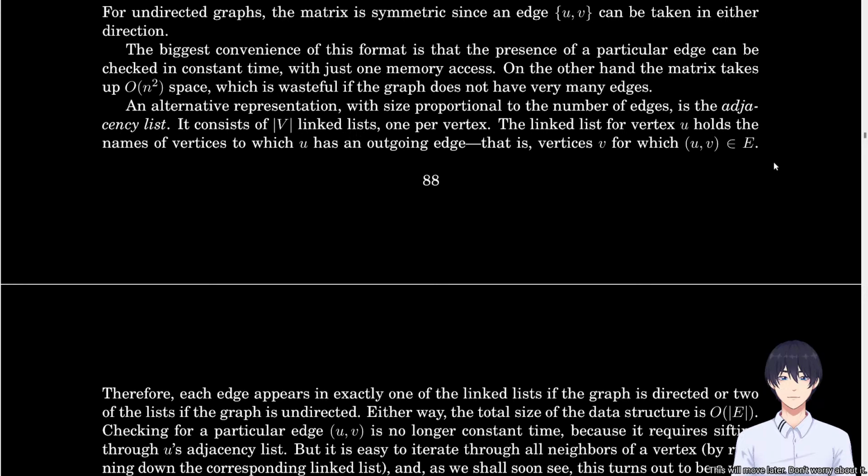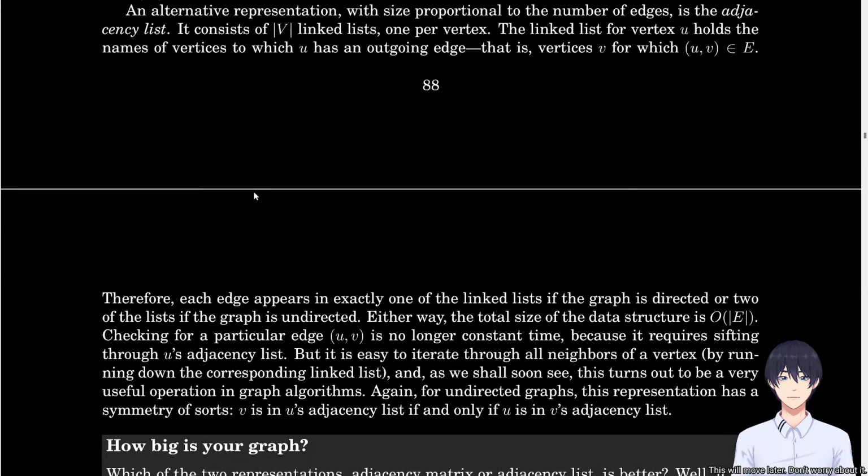Okay, so it's a bunch of linked lists, and each item in a linked list is the outgoing vertices, the vertices that you can go to from this particular vertex.